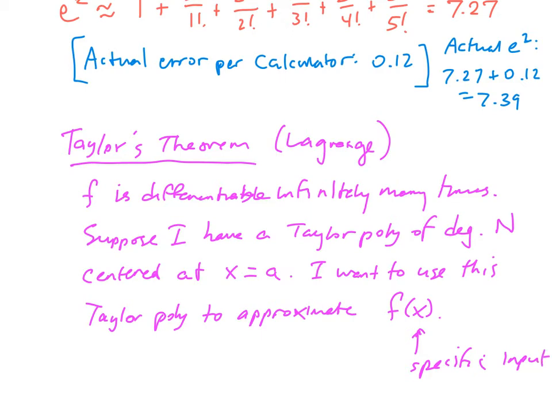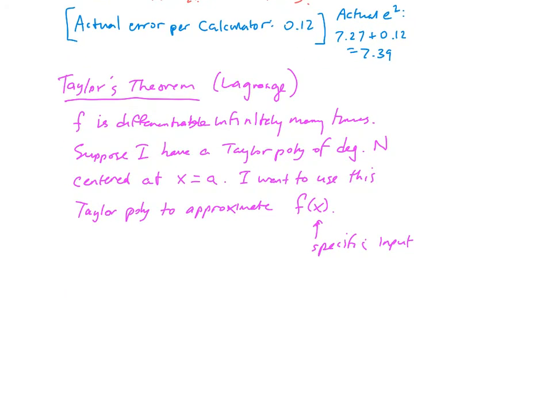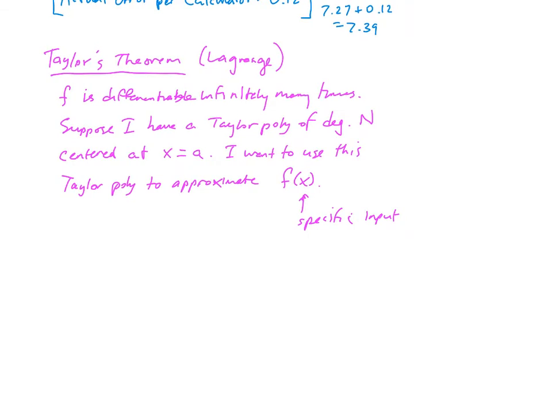All right, so here's the theorem. By the way, let me give a little bit of a visual of what's going on here. Just want to make sure that what I'm trying to do here is somewhat clear. So I've got some function, right? This is a cartoon of the function f of x equals e to the x. Okay? And I have a Taylor polynomial centered at some point a.